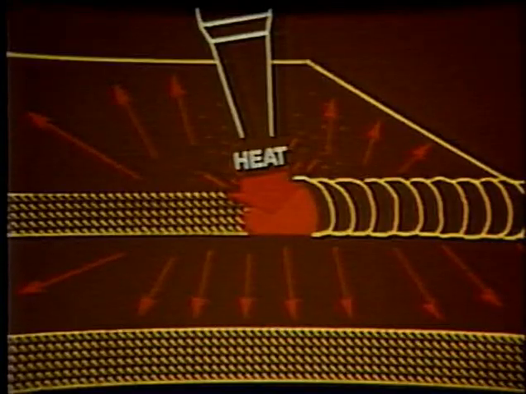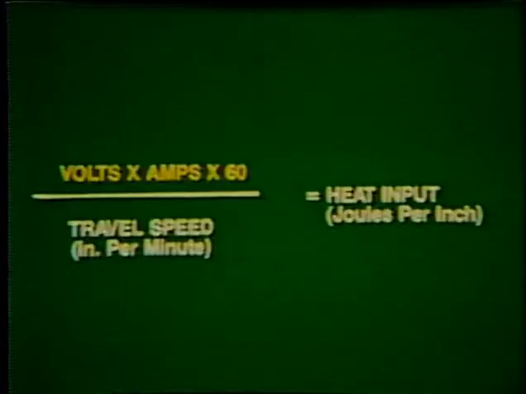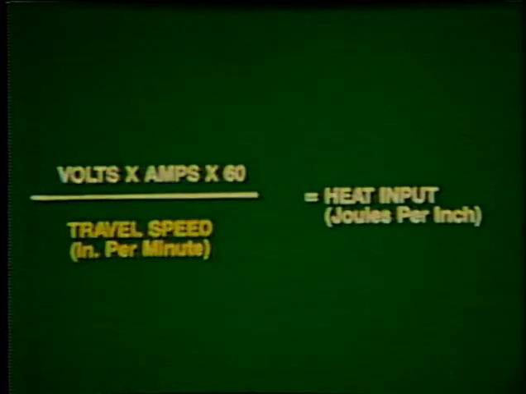It is necessary, therefore, to closely control the amount of heat input while welding. Heat input can be calculated by multiplying the voltage and amperage levels by 60 and dividing by the travel speed, which gives a measurement in joules per inch of weld.